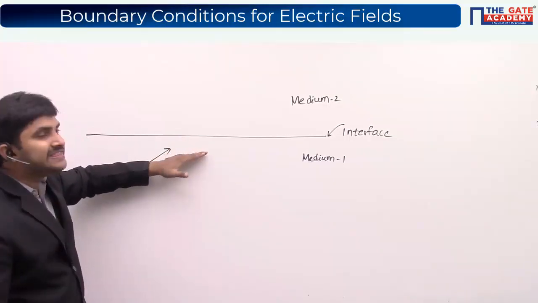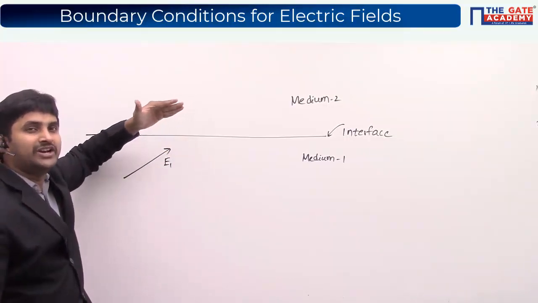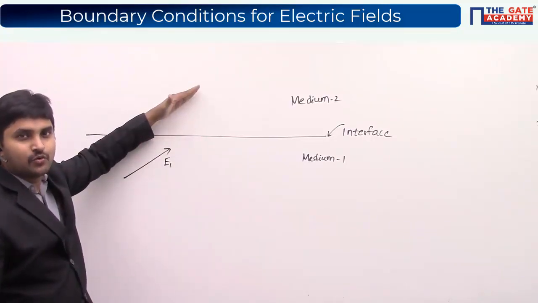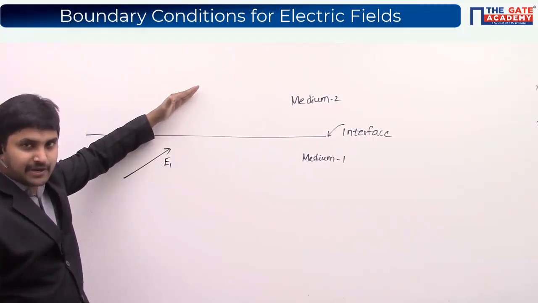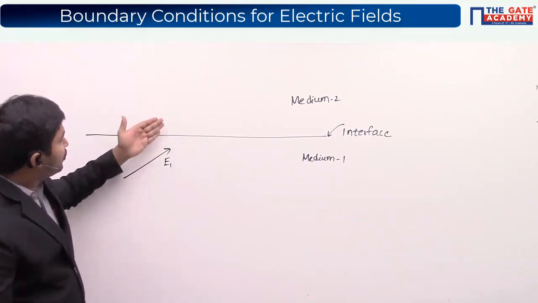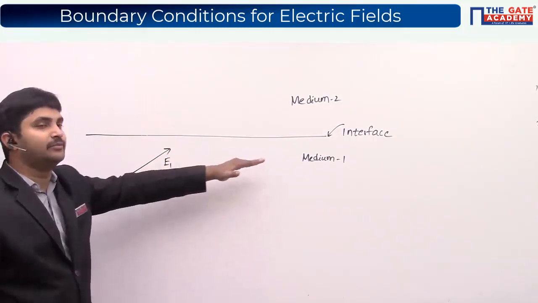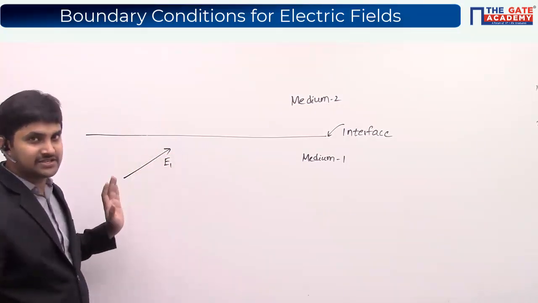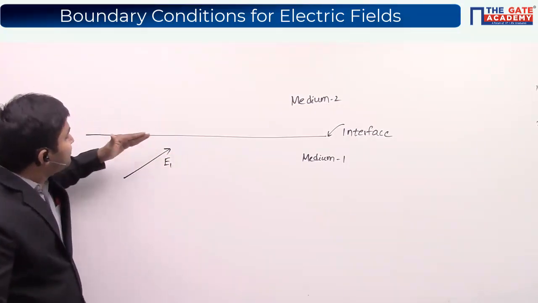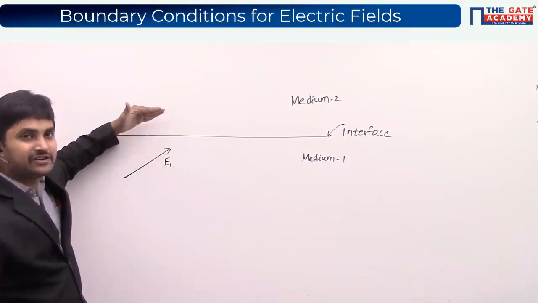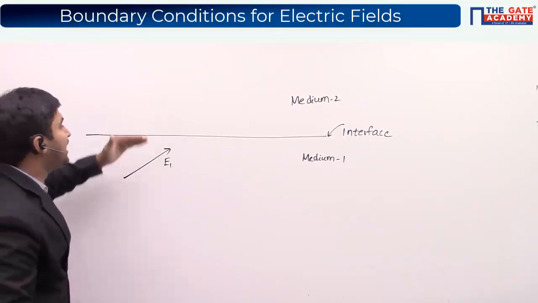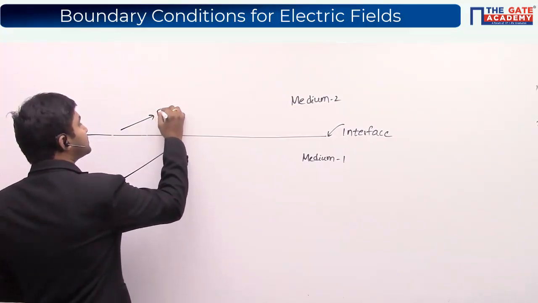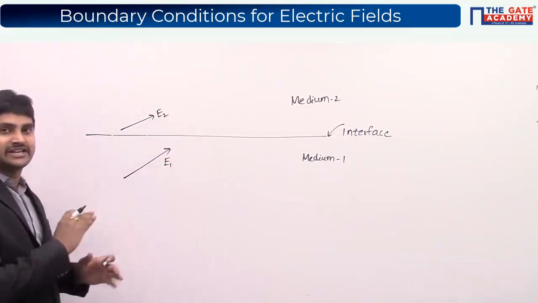When it is crossing the interface, what would be its characteristic? For example, before crossing the interface, it is moving inside medium 1, having the electric field of E1 near the interface. Now if the same electric field crosses the interface, what would be the electric field in medium 2? This is what we are interested in.